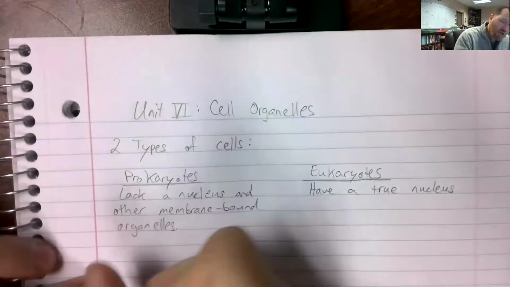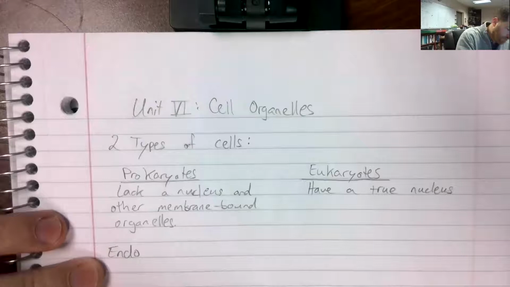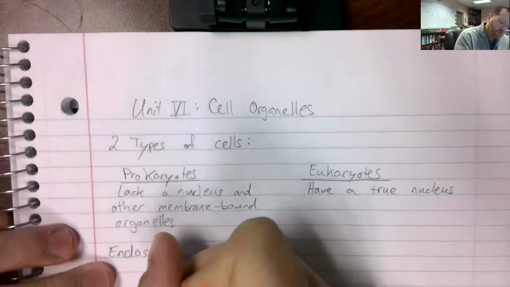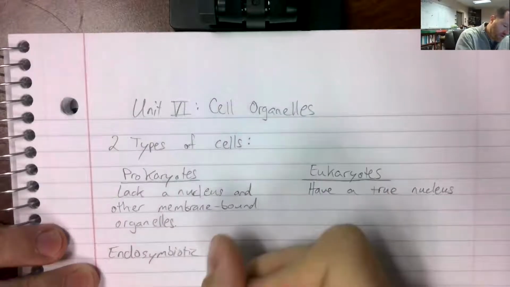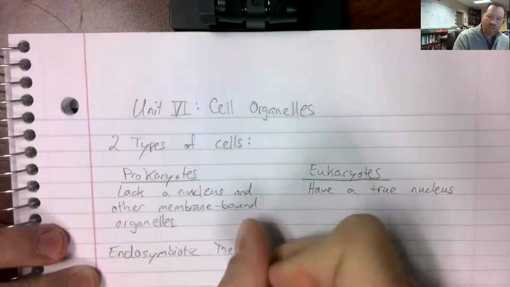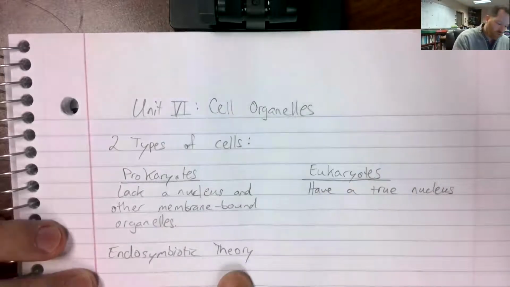How did we get eukaryotes from prokaryotes? That is answered by the endosymbiotic theory. Here's the idea of how eukaryotes emerged from prokaryotes.